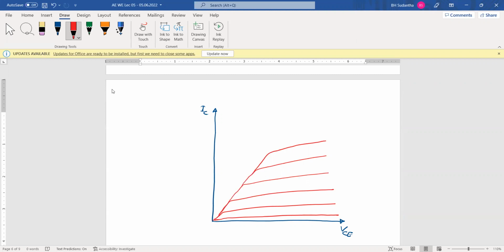We will receive these types of curves for different IB values. Here, IB is 0. This is IB1. This is IB2, IB3, IB4, and different base currents.